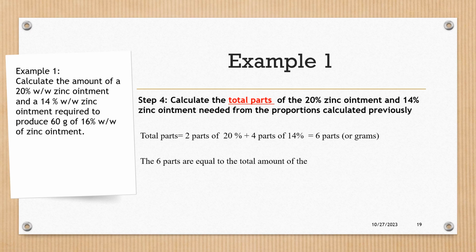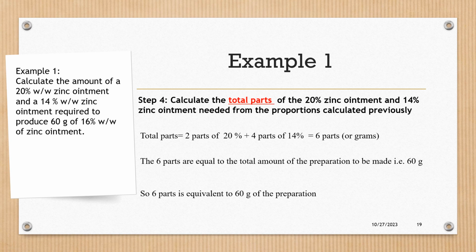Now, the 6 parts are equal to the total amount of the preparation to be made, and that is 60 grams. So in this case, the 6 parts is a whole, and what does that mean in relationship to the product that you're making? Your 6 parts is equal to your 60 grams. So 6 parts is equivalent to 60 grams.